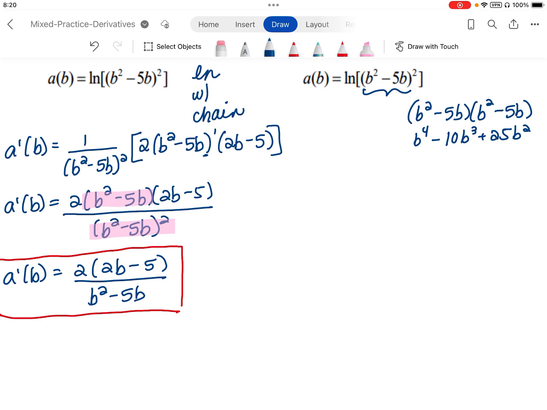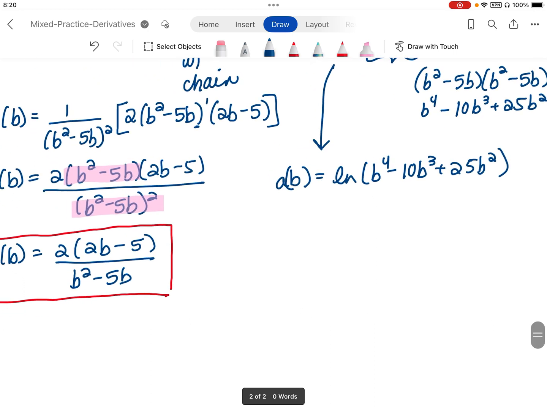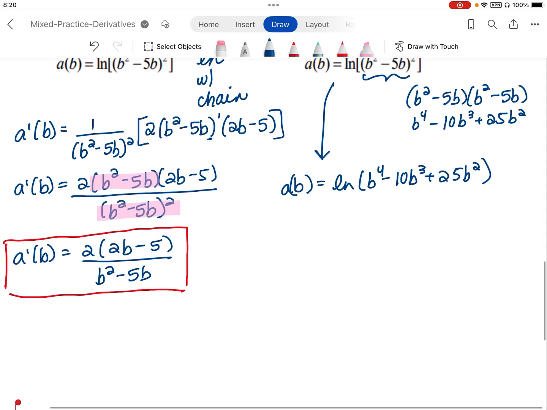Okay, so I could simplify there. And so my a of b would then be this.